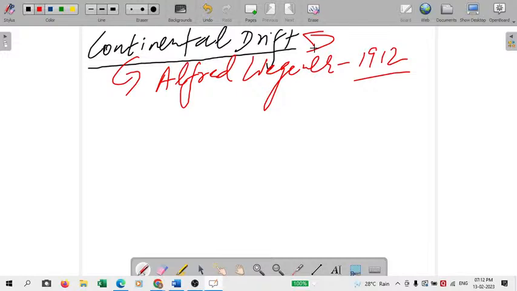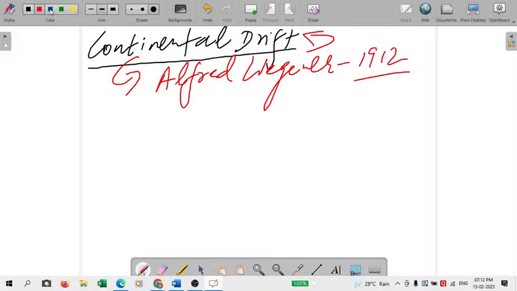So let us see what he said, what kind of evidences he produced, and what critics had to say about his hypothesis. Apart from being a pioneering effort, his work is also important because it is the build up to the plate tectonics theory, which was proposed later in the 1960s.